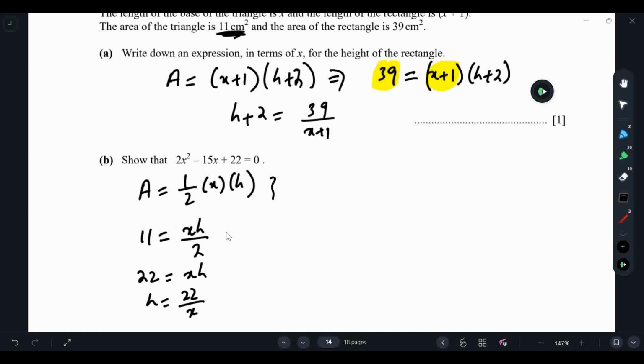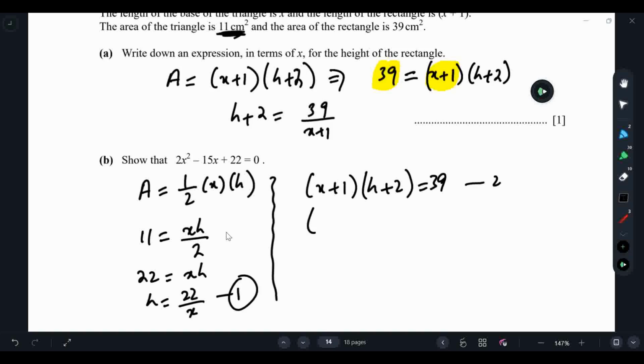Now we know that x plus 1 into h plus 2 is equal to 39. Now if we just put equation 1 in equation 2, we will get x plus 1 into 22 by x plus 2 is equal to 39.